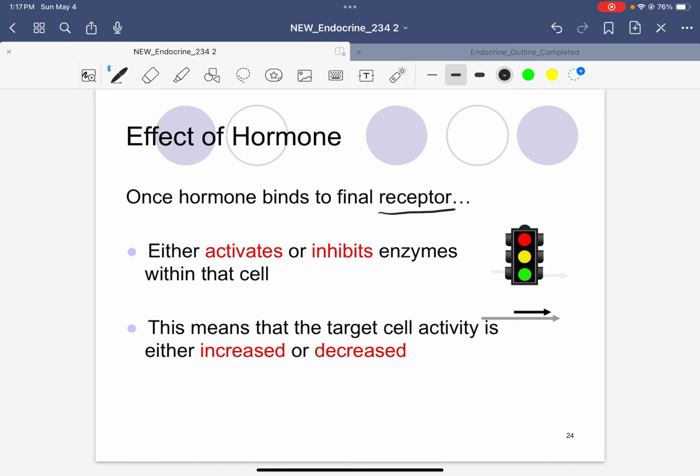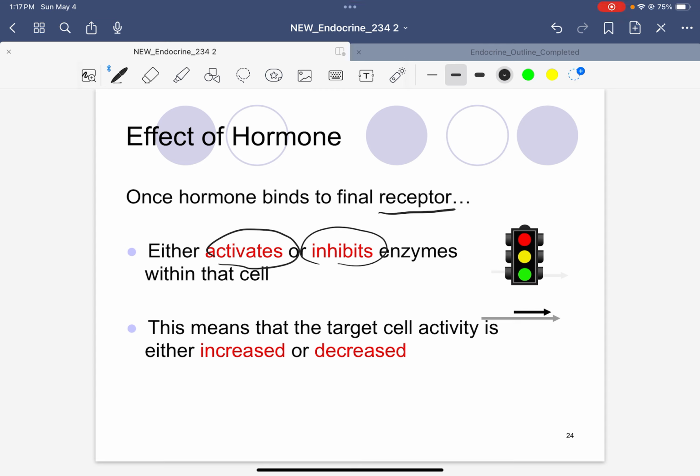That binding of the hormone to the receptor will activate that cell to do more of what it's already doing, or it will inhibit that target cell, and the target cell will do less. So a muscle cell is always going to contract. A white blood cell is always going to try and kill bacteria. So each cell's function is not going to change.